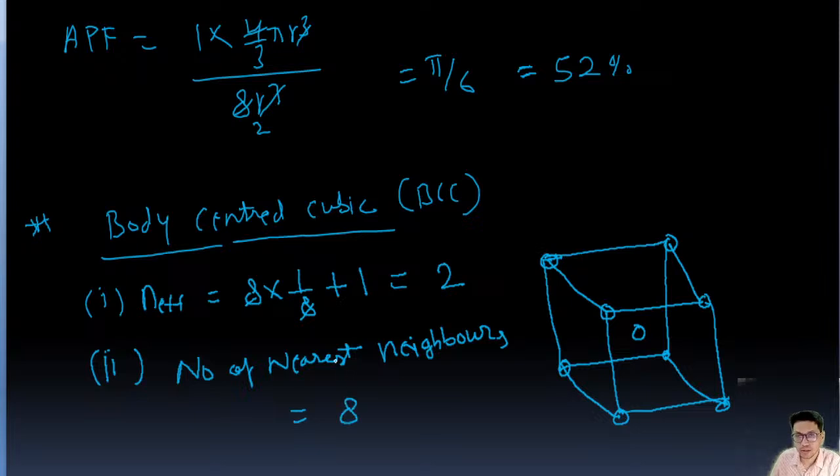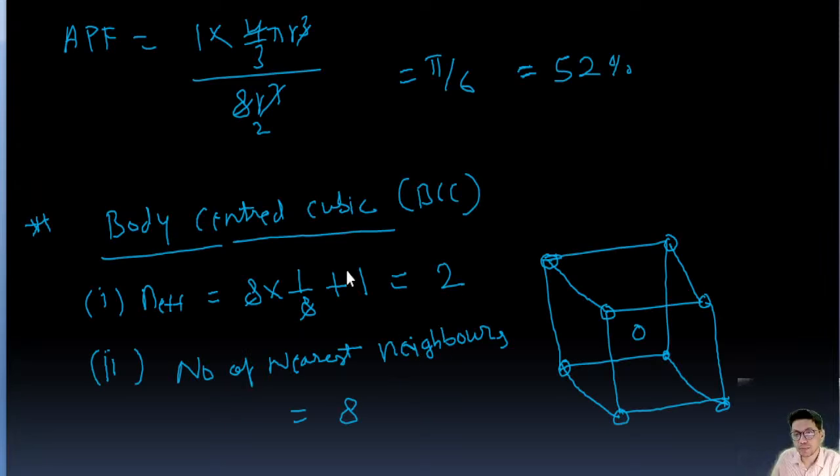The number of nearest neighbors is 8, at a distance of root 3a by 2.